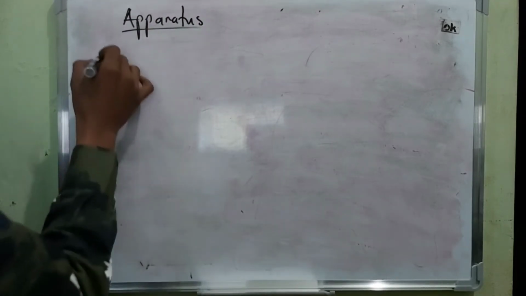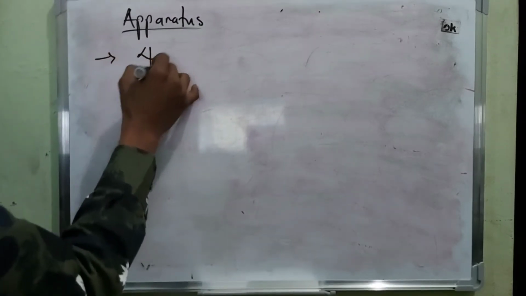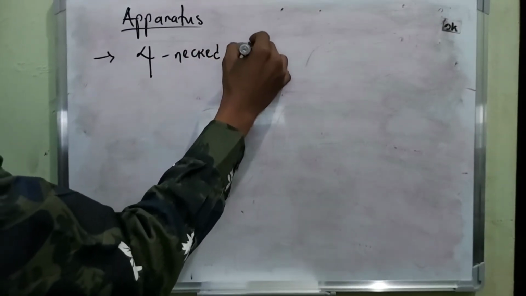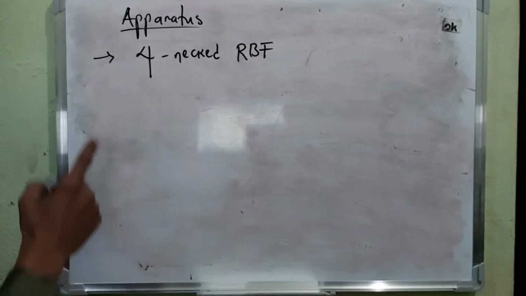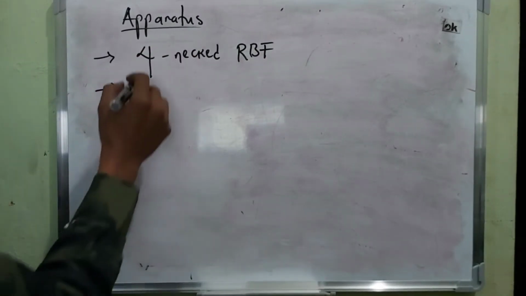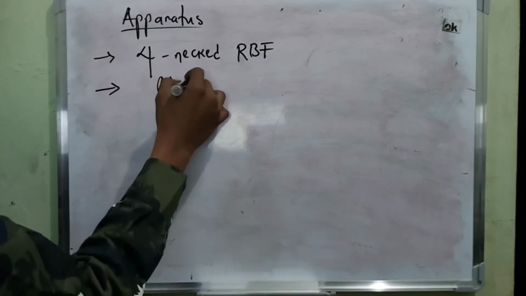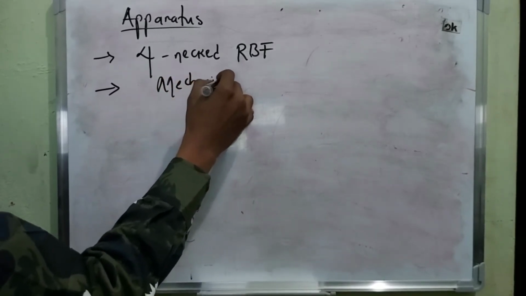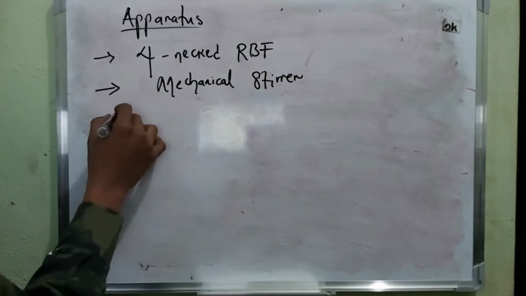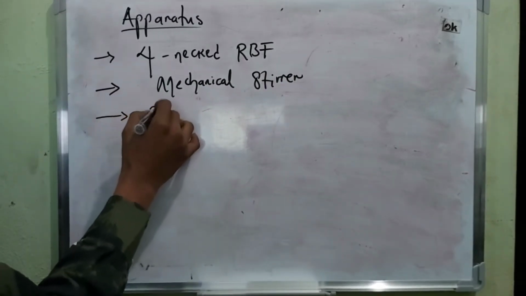So the apparatus needed, we have a 4-necked round bottom flask, 4-necked round bottom flask for convenience, and we also need a mechanical stirrer, and we need a nitrogen gas.